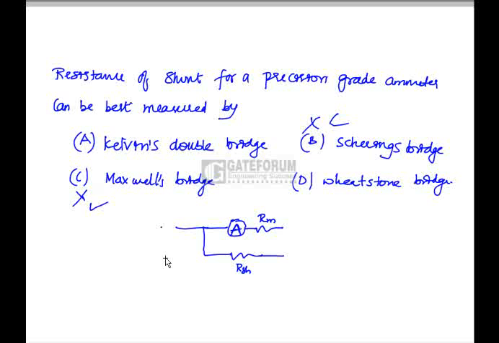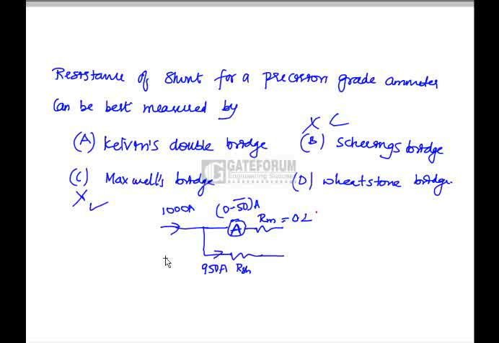Let us take the total current flowing in this one as 1000 amperes. You have an ammeter of 0 to 50 amperes range. That means this meter's full scale deflection is 50 amperes. That means you have to divert the remaining 950 amperes using this shunt connection. Now let us take this ammeter as 0.2 ohms.